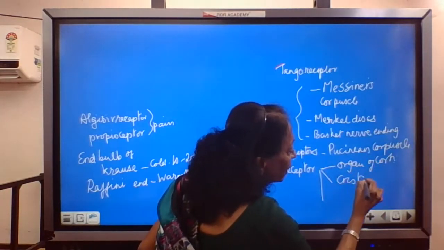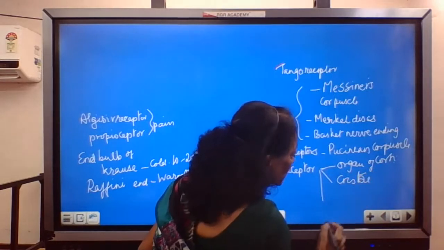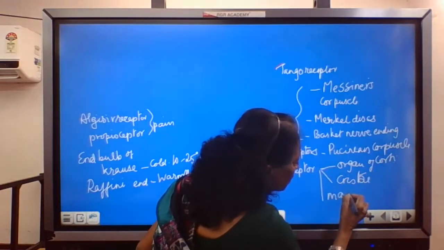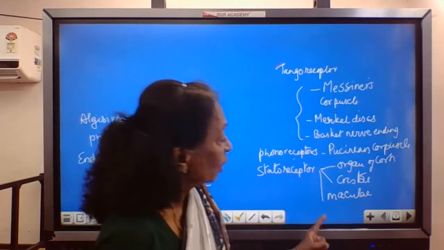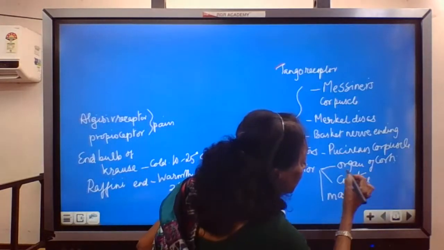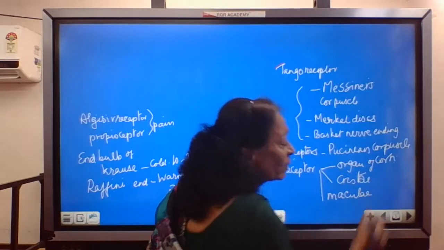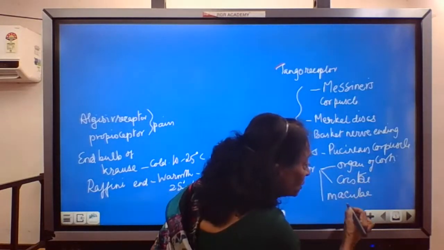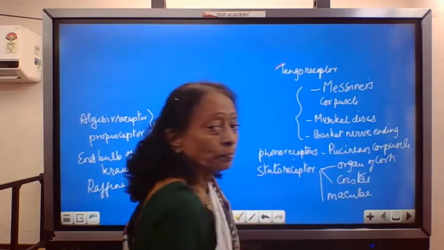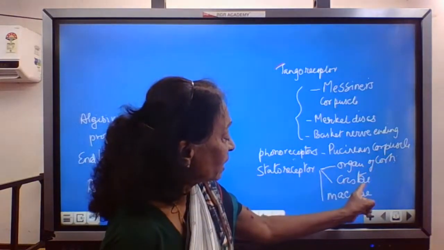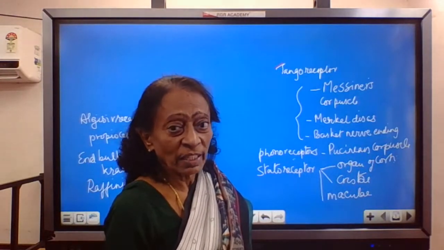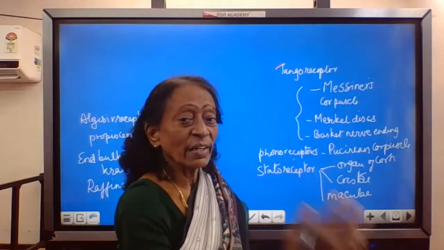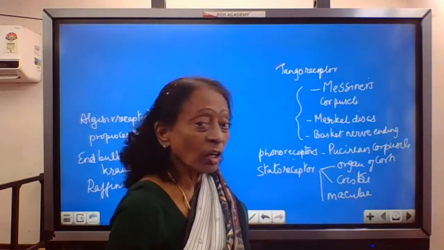Cristae is in the ampulla, and macula is in the utricle and saccule. The organ of Corti is in the cochlear region, and these two are in the vestibular region. The cochlea is the sense of hearing, and these two are for movement, the acceleration of the body at different angles. Acceleration is in a straight line. Mainly these are the organs of balancing.